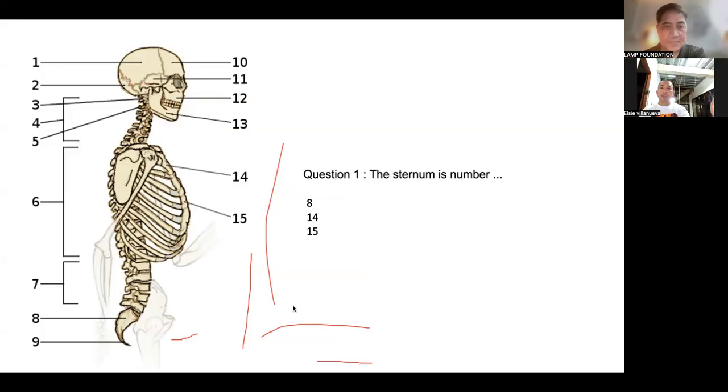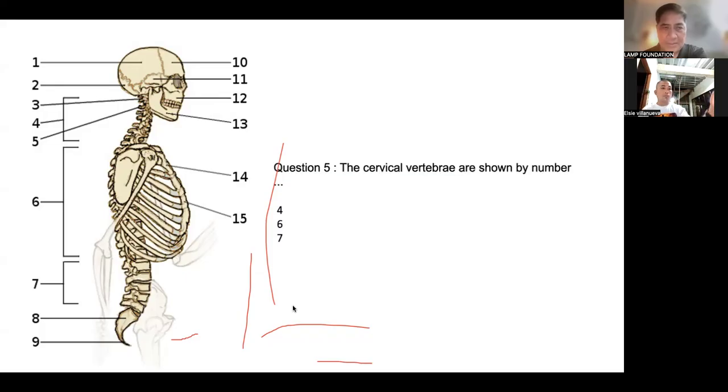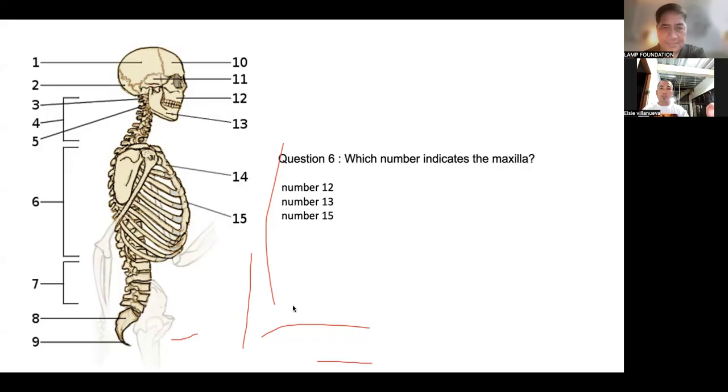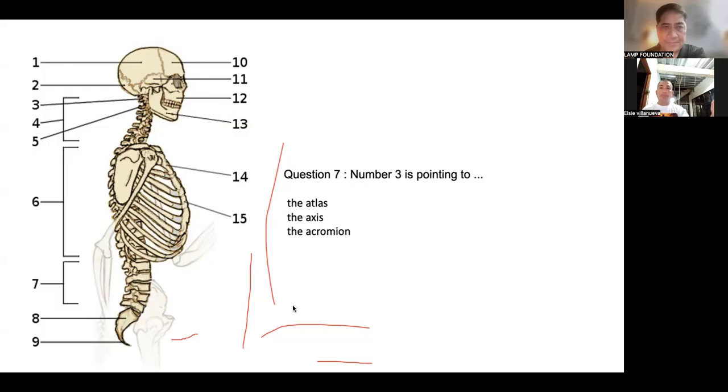Number 15, 1, parietal bone. Mandible. Number 13, 2, the occipital bone. Cervical vertebrae. Number 4, maxilla. Number 12. Number 3.